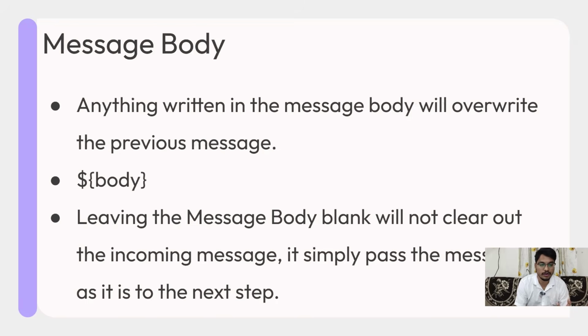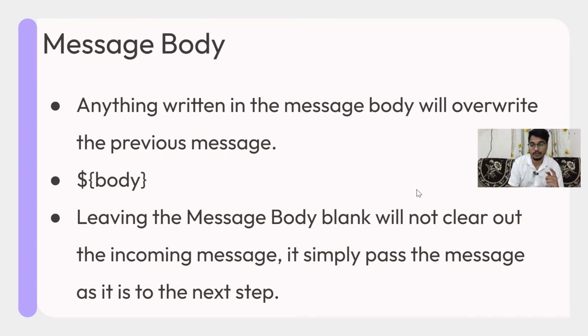And for the message body, anything written in the message body will override the previous message, right? So if you want to keep the previous message, you have to use dollar curly braces body. And if we leave the content of the message body blank in a content modifier, it will not remove the previous message. It will just skip it and pass the message as it is to the next step.